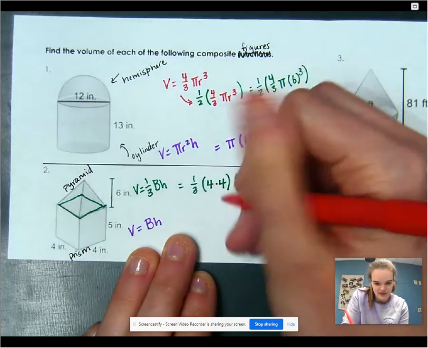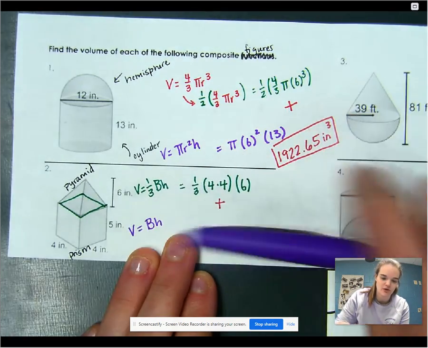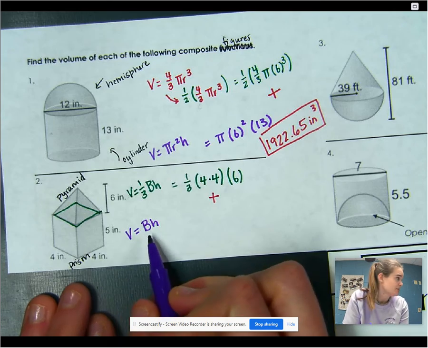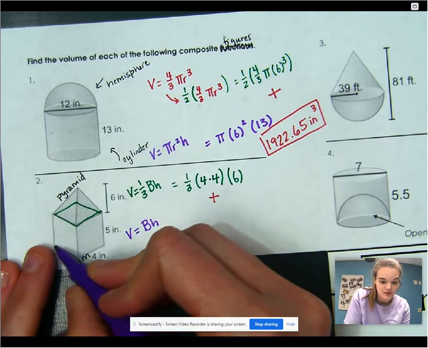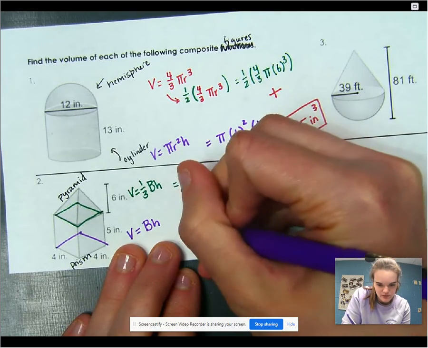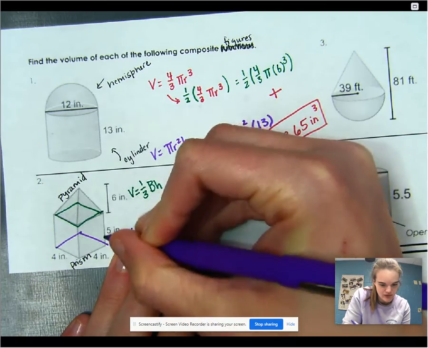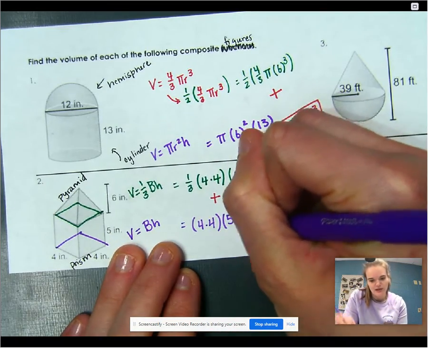The height of this pyramid is 6. We will add that to the prism's volume. The prism has a base the same as the pyramid, so it is 4 times 4, and the height is 5. We're going to add those together.